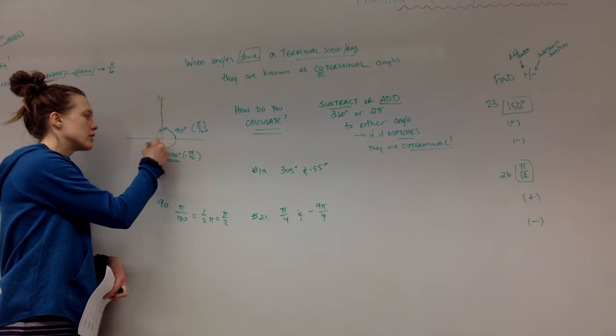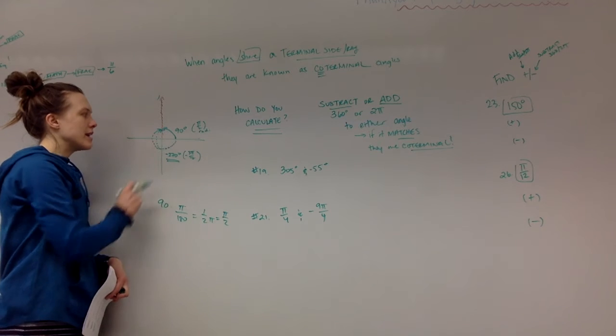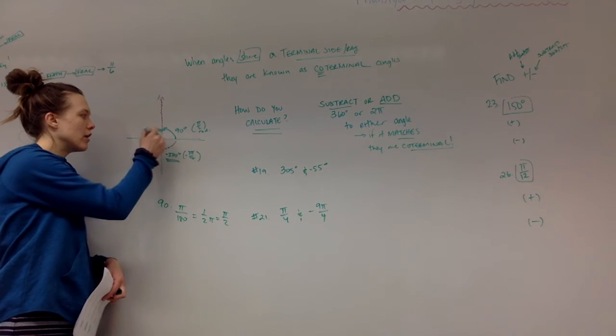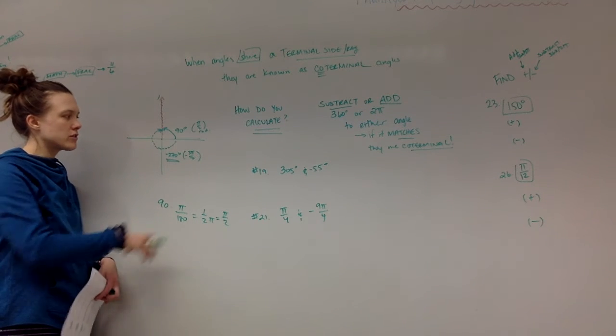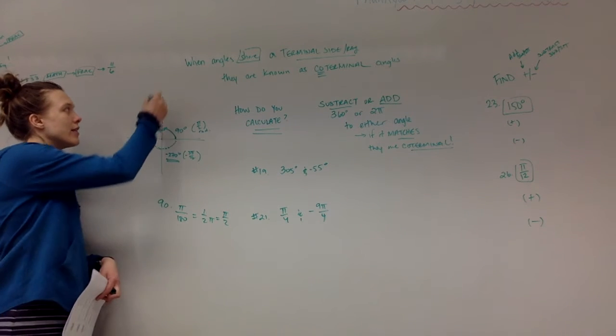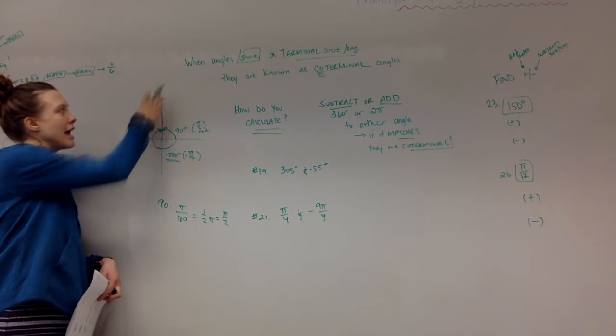If I draw my clockwise angle negatively around the origin, 270 degrees, or negative 3 pi over 2, they share this terminal ray here.